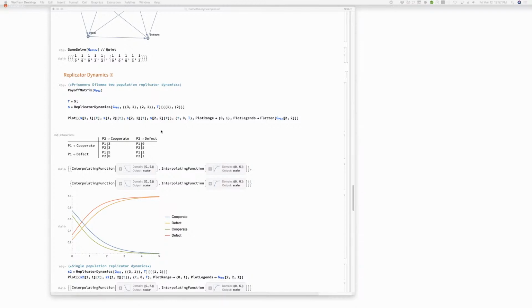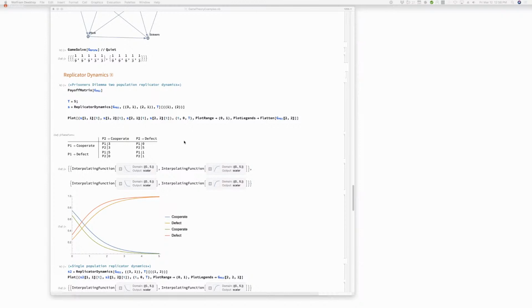So each is playing against the others with the probability of its representation in the population, right? Yes, so there are different options. It can be a two population replicator dynamics, meaning that for the role of the first player there is one separate population, and for the role of the second player a different population.